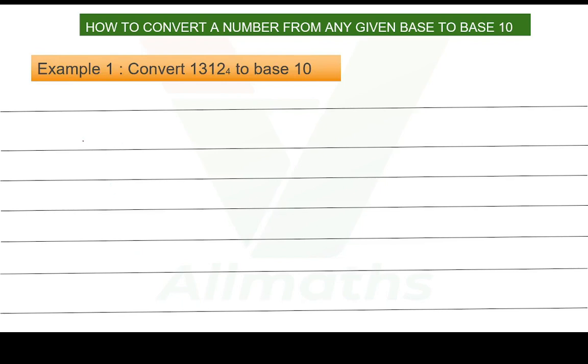Here, we are converting 1312, a base 4 number, to base 10. The first step is to recognize the digits you are converting. Here, these are the digits we are converting: 1, 3, 1, and 2. Then you multiply by the initial base, in this case, base 4.